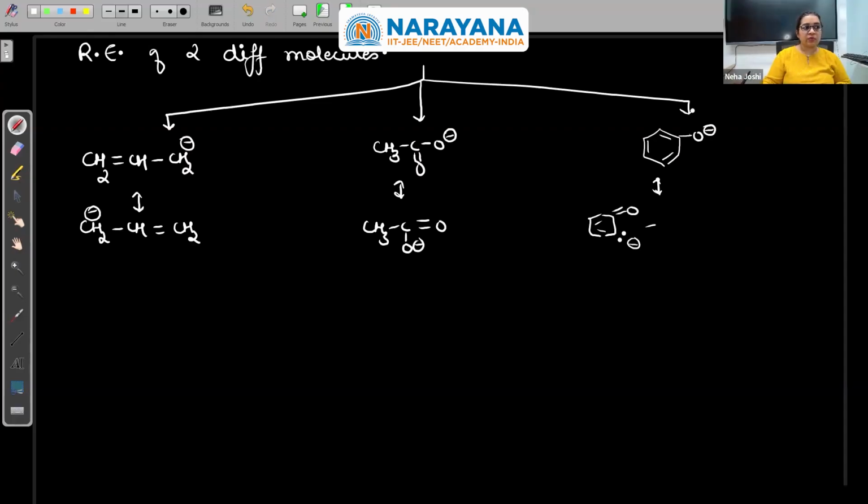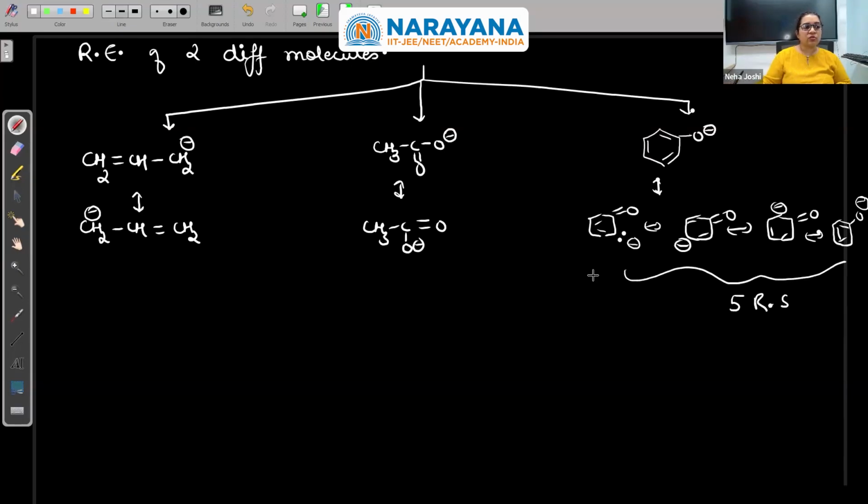Right? You will draw something like this, and then you will draw minus, and going further, you will bring minus here and one more O minus. So you have overall got 5 resonating structures, 2 resonating structures, 2 resonating structures.